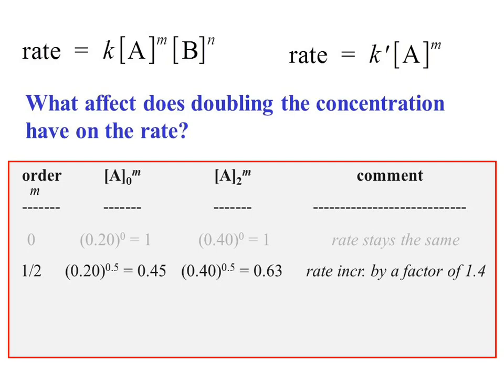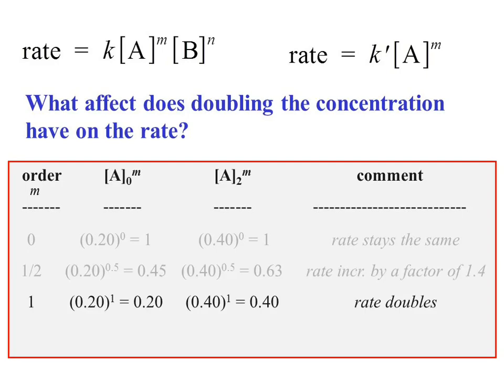All right, let's go to the more common ones. So we did 0, 1, and 2 were the 3 most common ones. So from 0.5, let's go to 1. All right, so you take the 0.20 and the 0.40, you raise them to the first power, and of course you have 0.2 and 0.4. That's the relative rates.